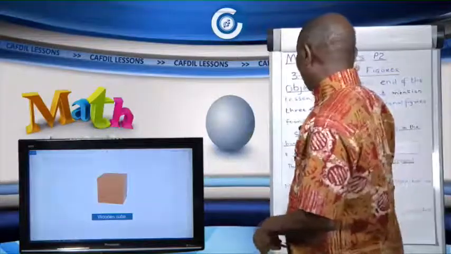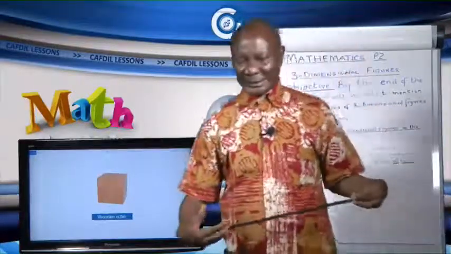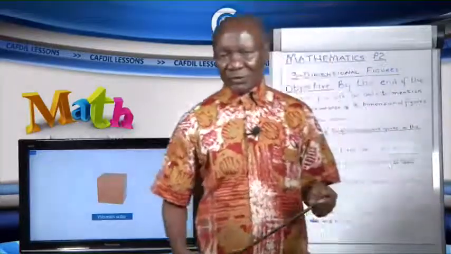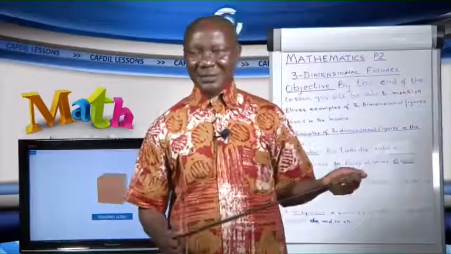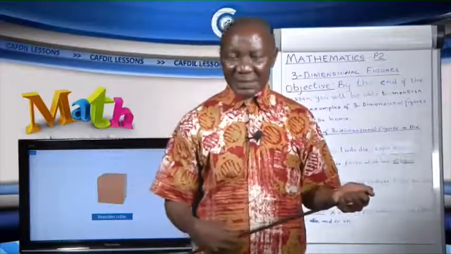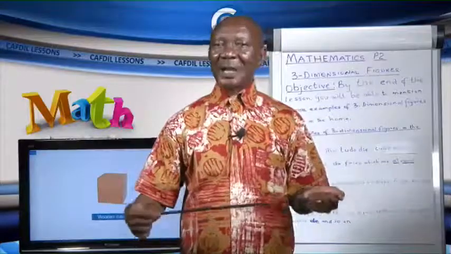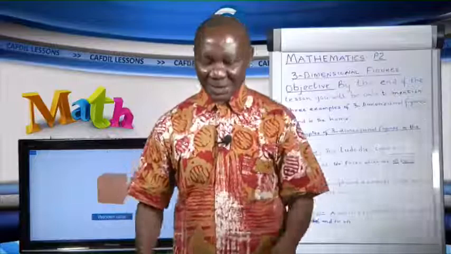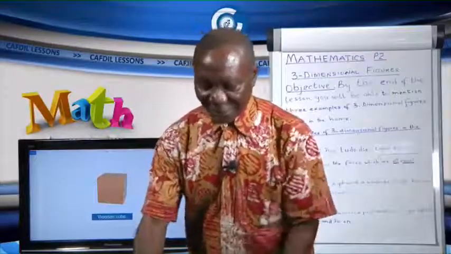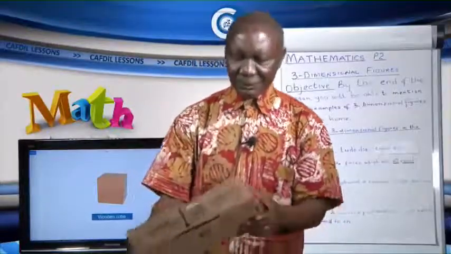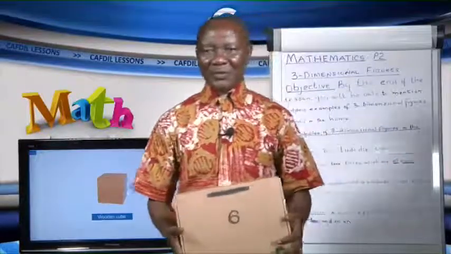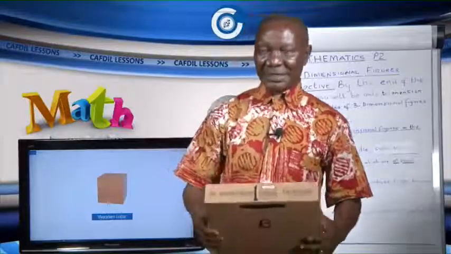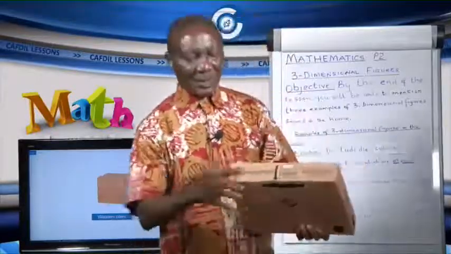Now let us look at a keyboard. A keyboard that also has 6 faces, but with the keyboard the faces are not the same. The faces are not the same. Let's just check with this one. This is an example of a keyboard. Let's see face 1. That is face 1.